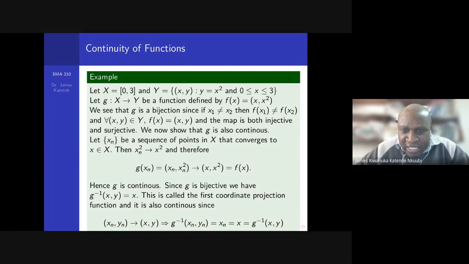It is continuous again, as you can see in what follows.